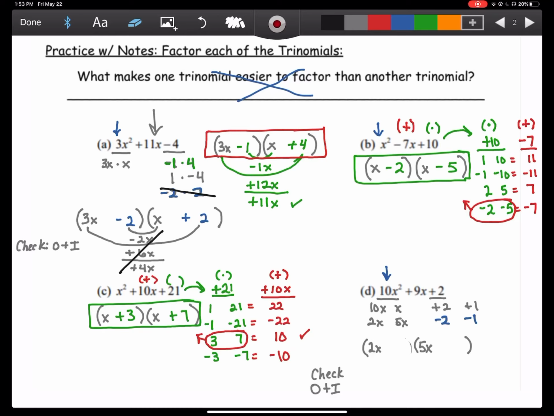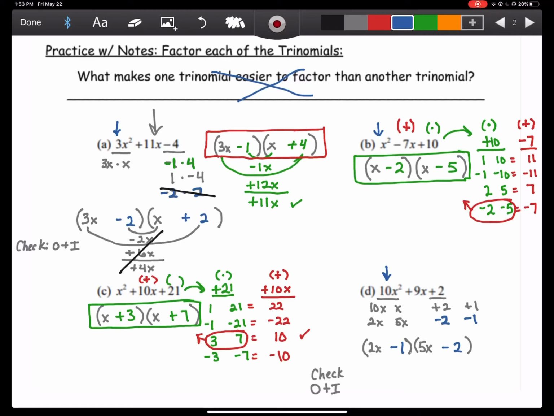Now, I can't throw out the idea of negative 1 and negative 2 just yet because I haven't tried the reverse of them yet. So we tried negative 2 and negative 1, but let's try negative 1 and negative 2 reversed. This will have a different outcome because 2x and 5x are different.